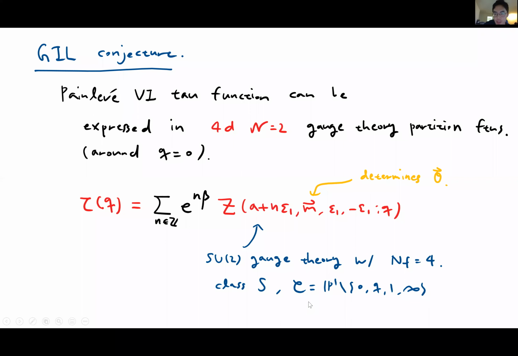This four-puncture sphere is exactly the Riemann surface on which our Fuchsian system was defined, that's associated with this Painlevé VI. And I will say why this is not a coincidence. Also, the sum is weighted with the exponential of n beta, and I will briefly introduce what this beta means in the next slide.